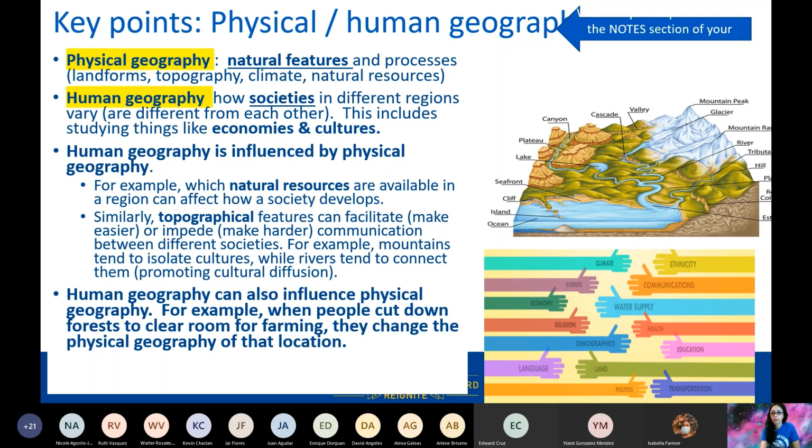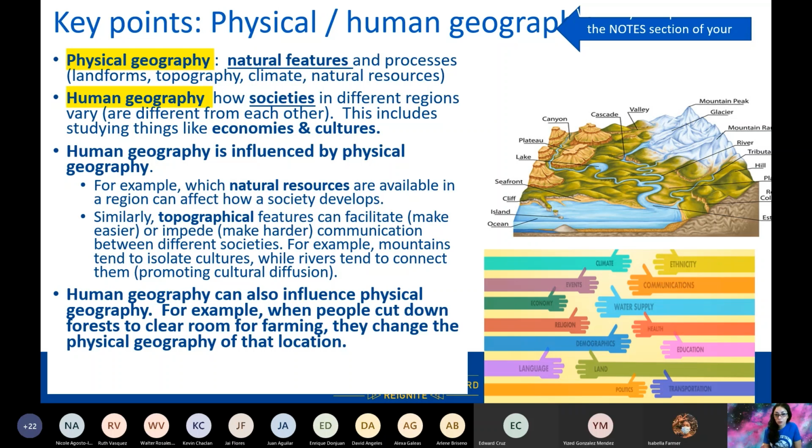Human geography is all people, how they react with their place and make new cultures and societies of their own. So human geography is about how human societies in different regions of the world are different from each other and why. And that can be studying things like economics, cultures, politics, religions. That all falls under human geography.